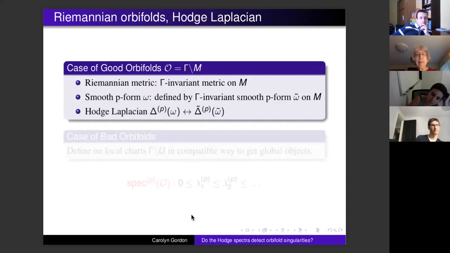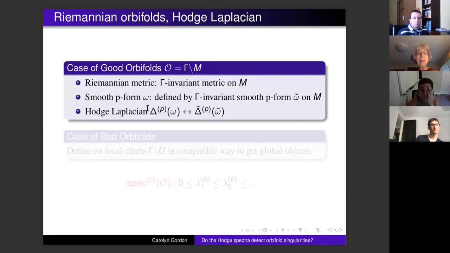Now you can define Riemannian structures on orbifolds. In the case of a good orbifold, a Riemannian metric just corresponds to a gamma-invariant metric on what we call a cover. We still say M is a cover of O, even though gamma can have fixed points. So it corresponds to an invariant metric on the cover.